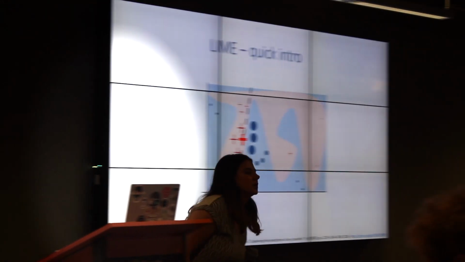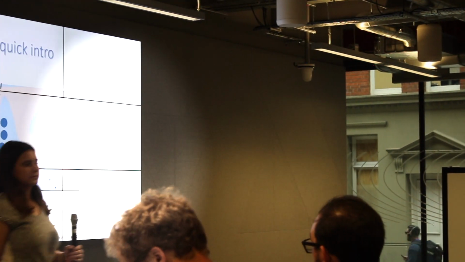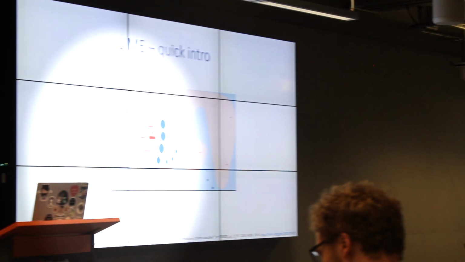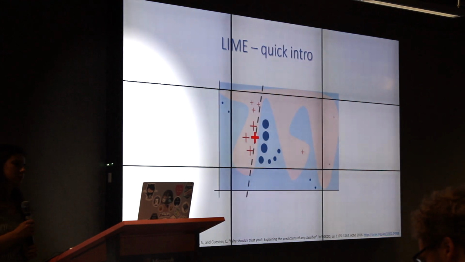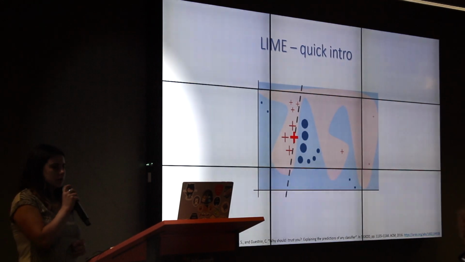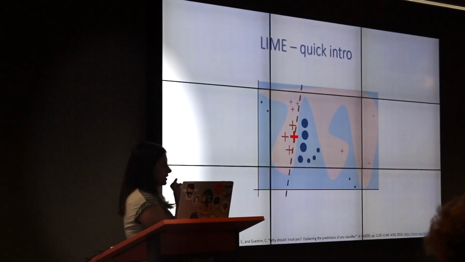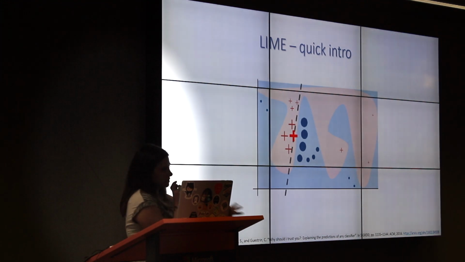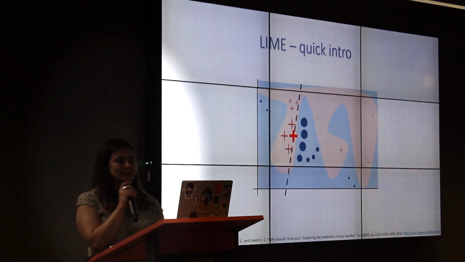Yes? How do you select the samples for the input space? Are you selecting all the other samples, or is it a subset? So the question is, how do you select the samples for the perturbations? Yes, so it's a sampling method.